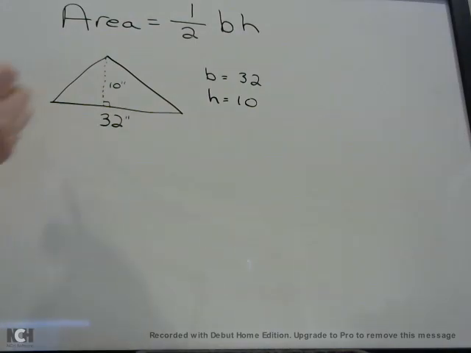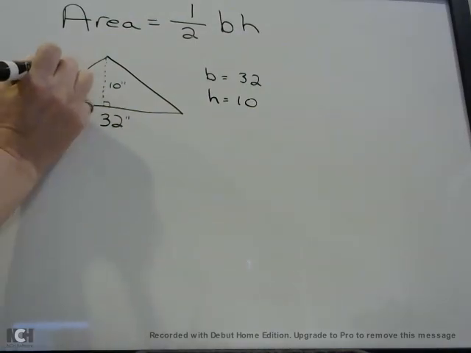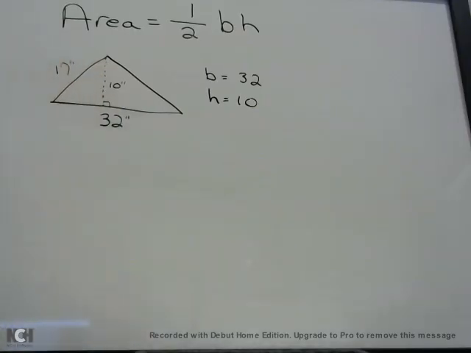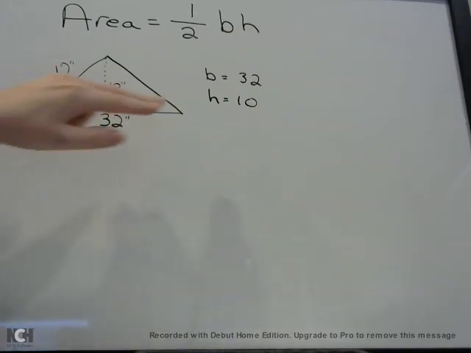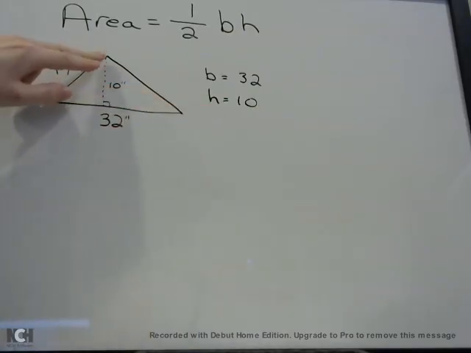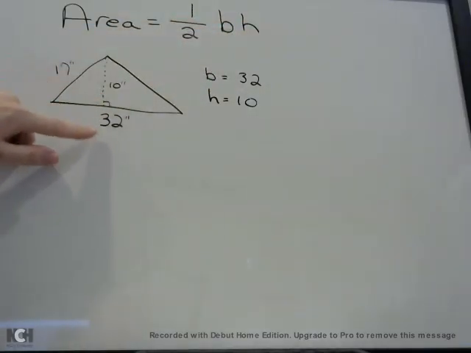Now what they might do is put something like 17 over here, or something like that, in order to throw you off, so that you might choose 17 as the height. You need to remember that the height always has to be perpendicular to whatever base you choose.